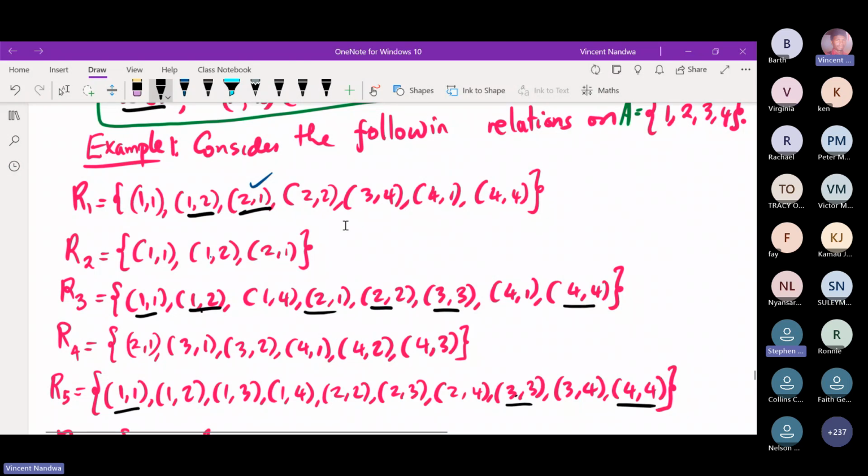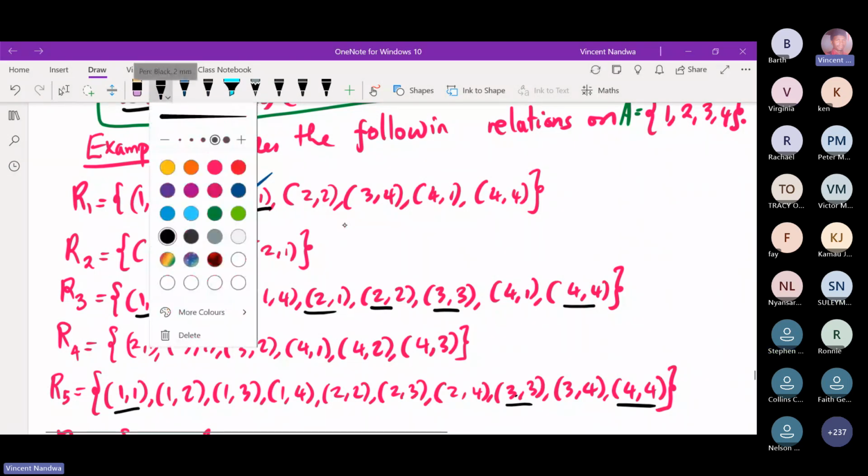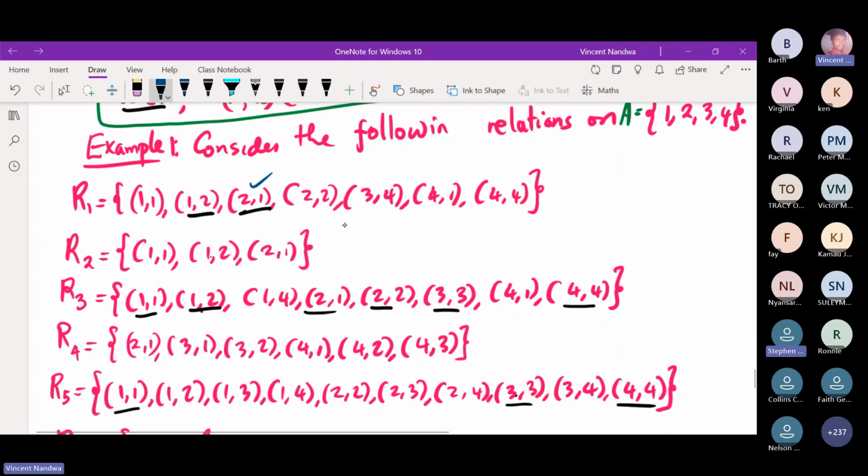For transitive, this is what you need to have: you see an (X, Y), and you see a (Y, Z), then this should tell you that you need to see what? (X, Z). Yes.